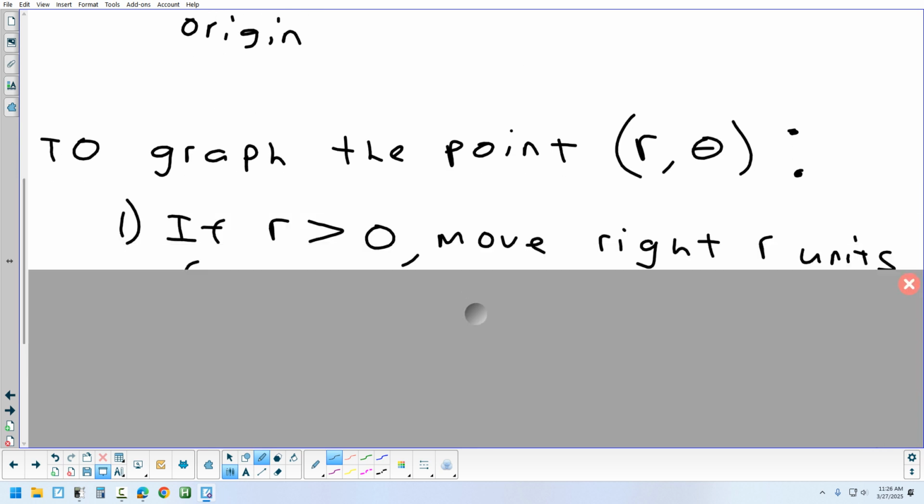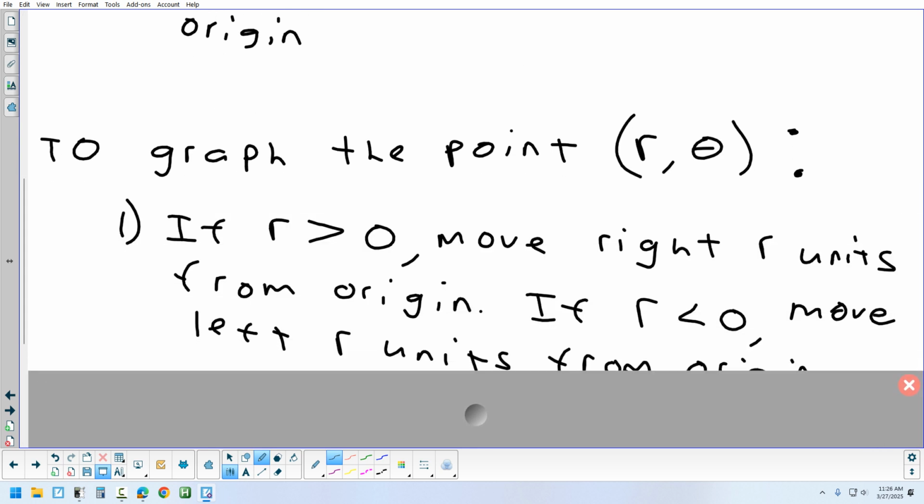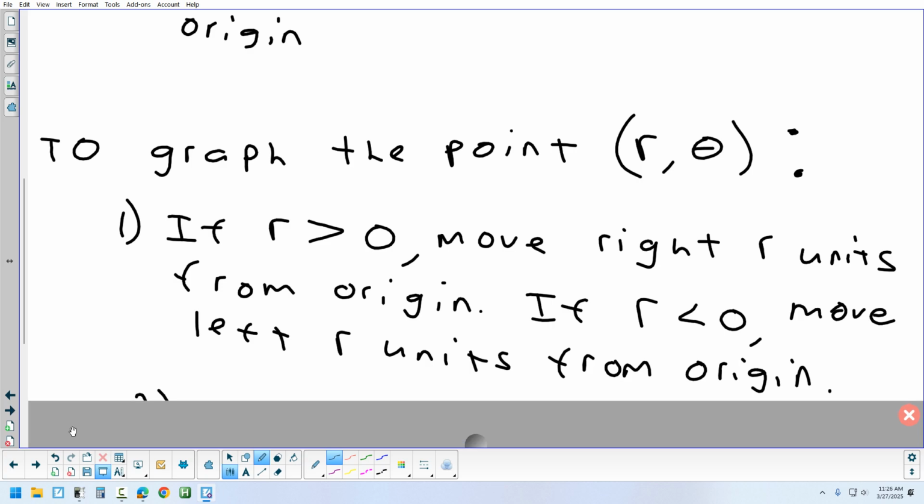There's two different types of r values you could have, a positive and a negative. If r is positive, you're going to start at the origin, and you're going to go to the right. How many units to the right? Well, depends on what r is.